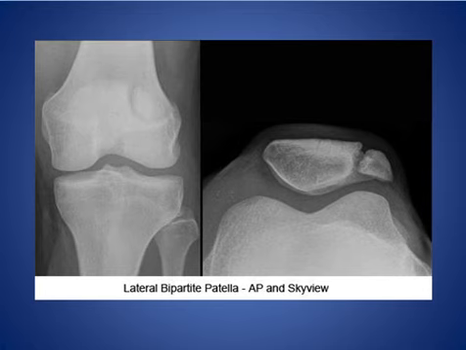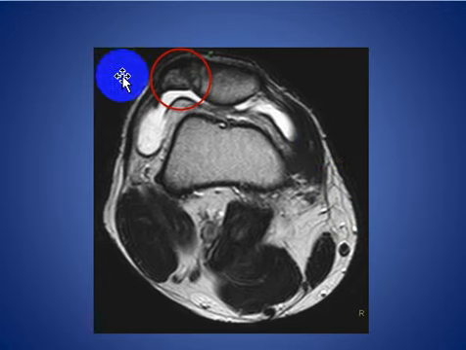Here this is a classic example of bipartite patella, and we see this is the bipartite patella in the AP view and the skyline view, and should not be confused with patellar fracture. Here another patient with bipartite patella and with joint effusion.